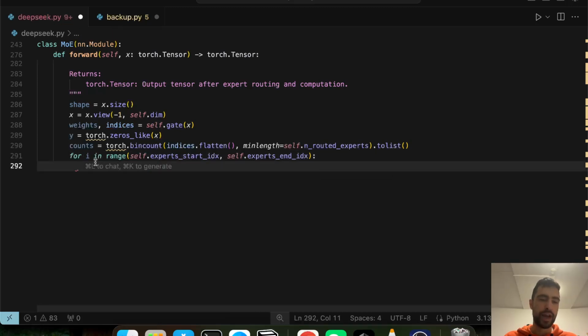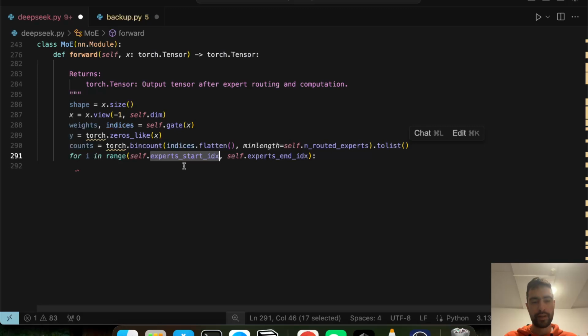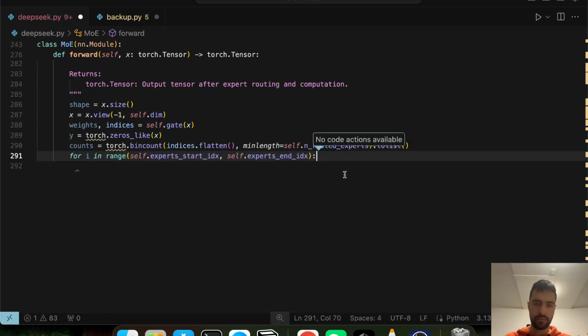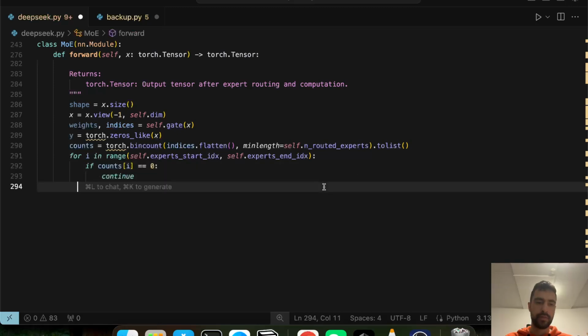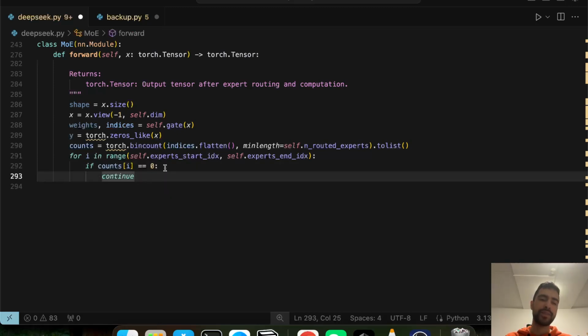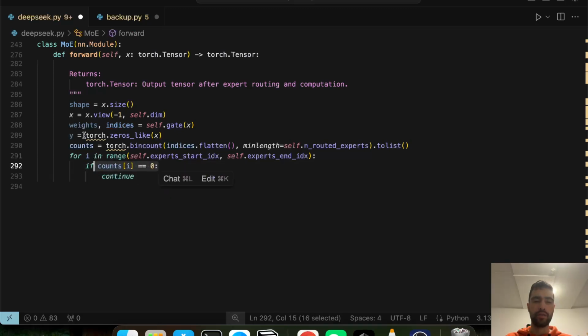Then we have for i in range experts start index to experts end index. So it will iterate through each expert that's assigned to this GPU node. If an expert has not been selected at all, then we just skip it.